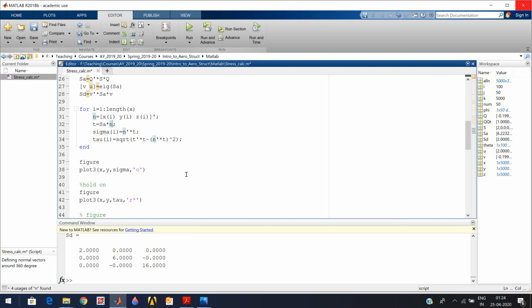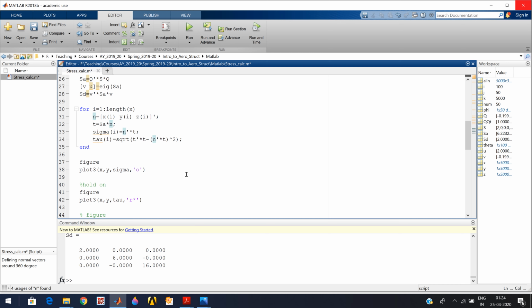Or maybe we can plot some function with respect to x, y to get a surface. But here I have three independent variables x, y, and z and one dependent variable sigma, so the plot we cannot show here.